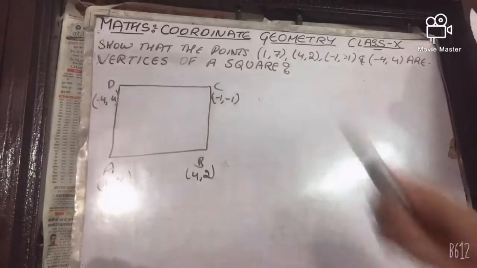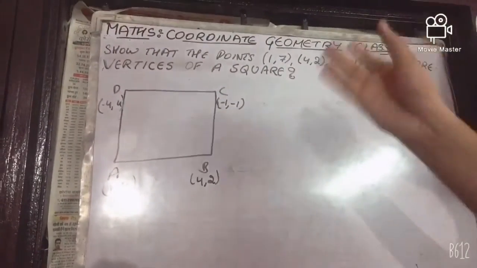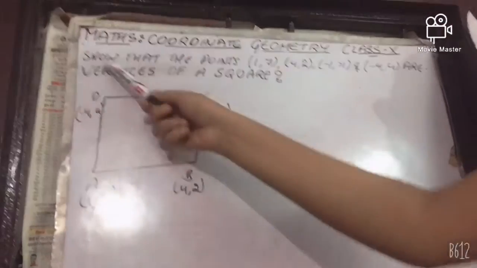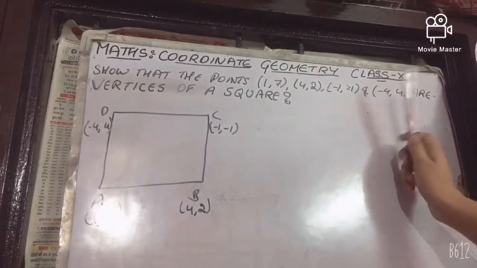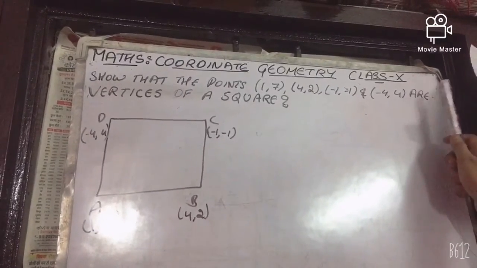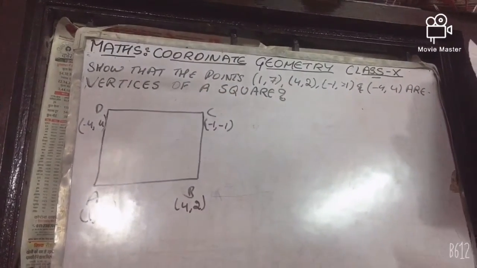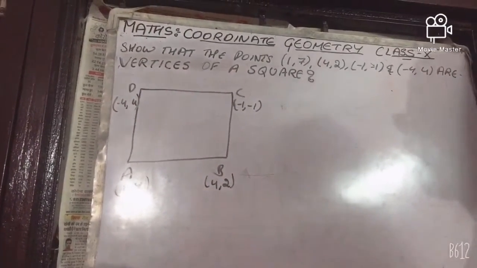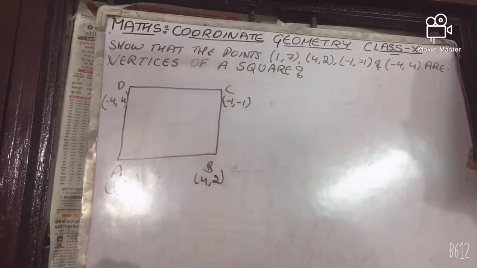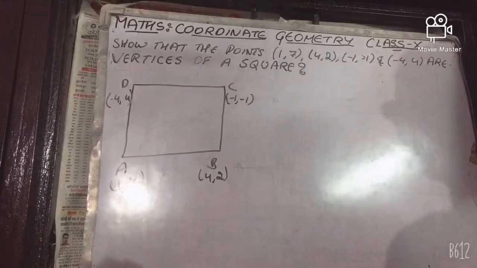So this is a practice question, you have to identify it. Now show that the points (1, 7), (4, 2), (-1, -1) and (-4, 4) are vertices of a square. We have to show. So here how will we do it? No idea? So now I am telling you.